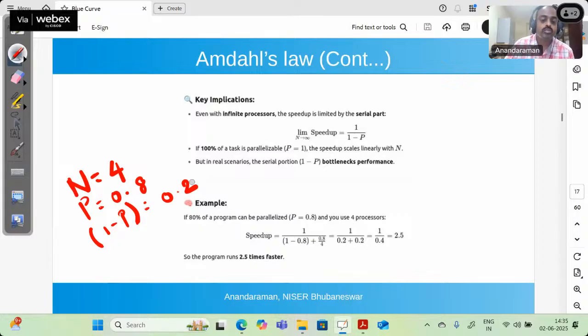The speed up formula is 1 by (1 minus p plus p by n), so it becomes 2.5. So the program runs 2.5 times faster.